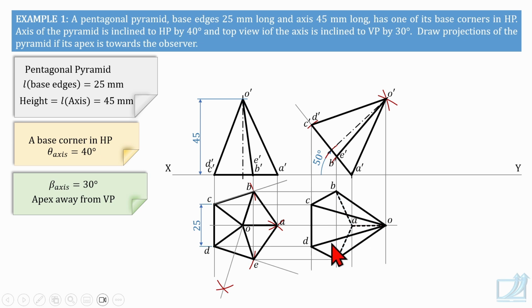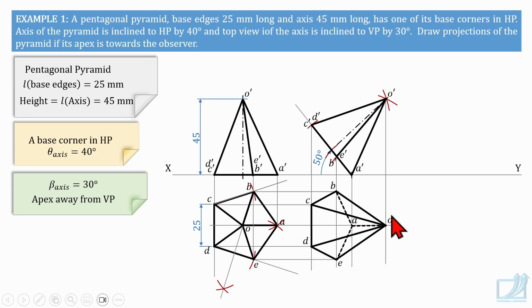So all face edges which are partially or fully on this pentagon are visible certainly, and therefore OC and OD are visible. Boundary edges are of course always visible. So boundary edges are visible, face edges over hidden base are visible. This is the only face edge which is hidden, OA.